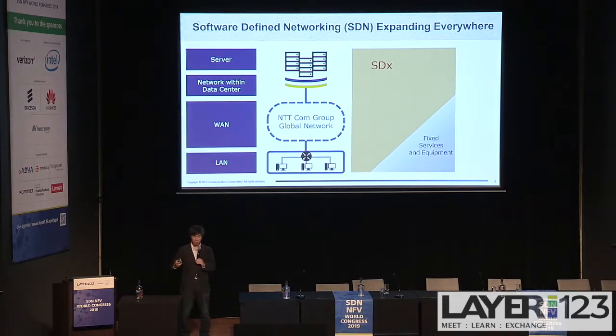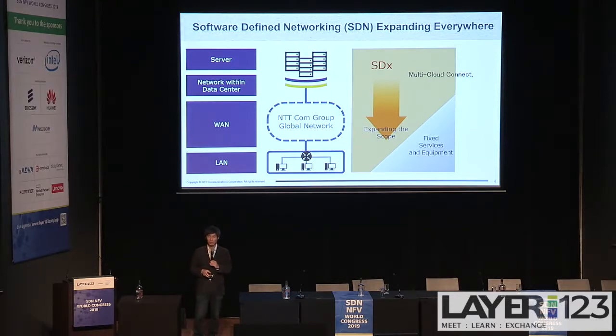Then the expansion accelerated in the following years. We can see from this picture it expanded to the first area we call multiple cloud connect. We use SDN technology to control the connection to different public clouds, including AWS, Azure, and our own cloud, Enterprise Cloud. We also introduced SD-WAN, a very typical example of overlay networks.